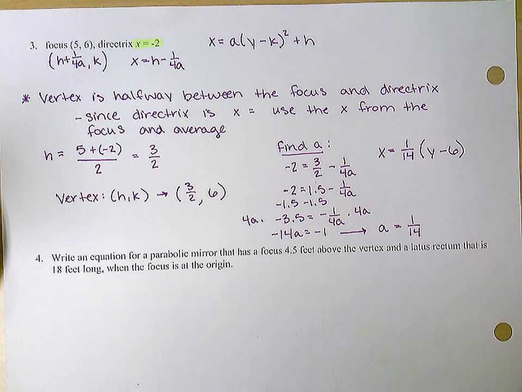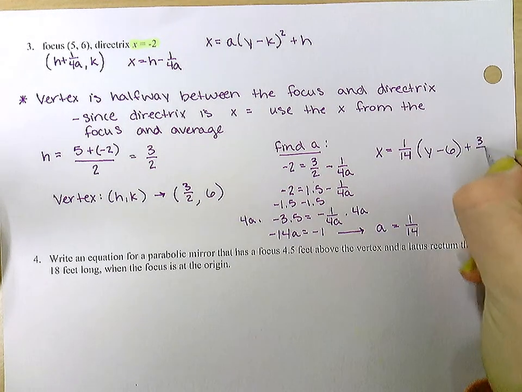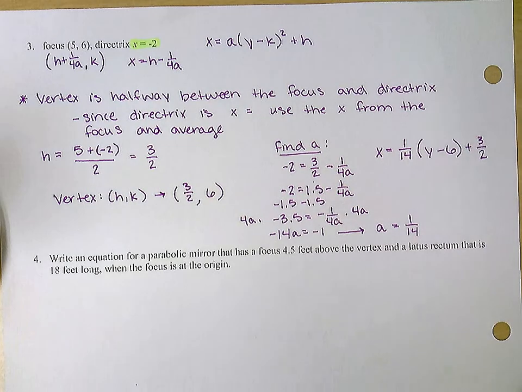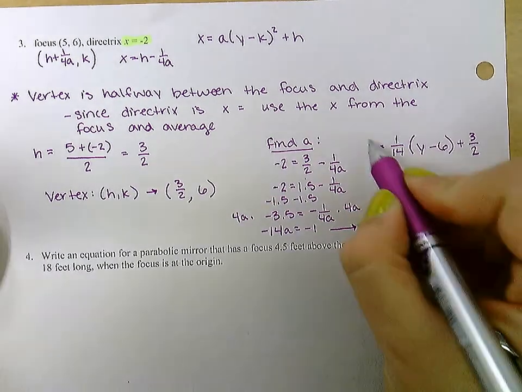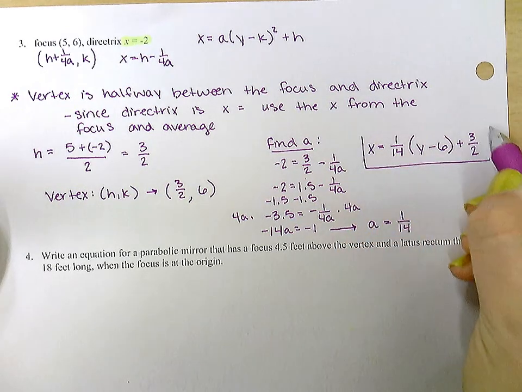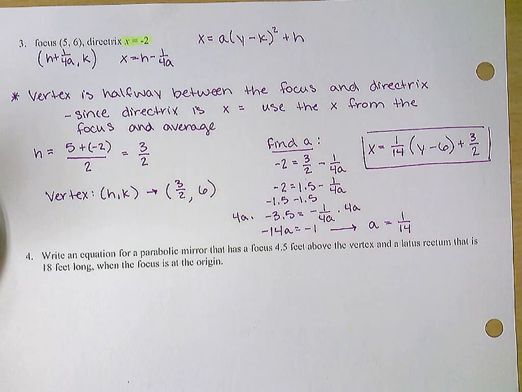And then plus our h value, 3/2 or 1.5. If you write 1.5, that's fine. That one had a couple more steps, just averaging those x values between the two to get your vertex.